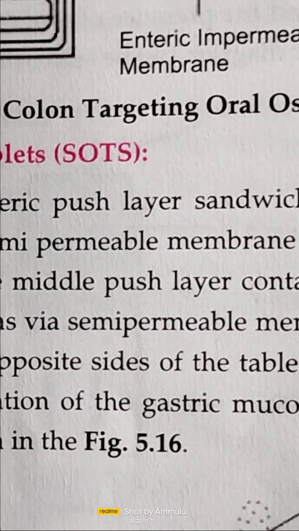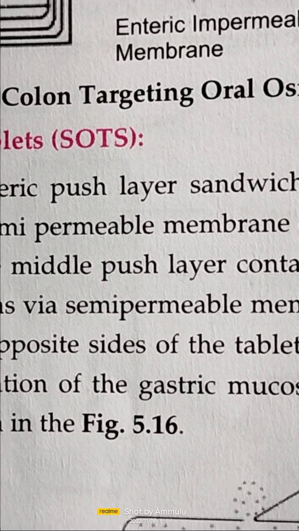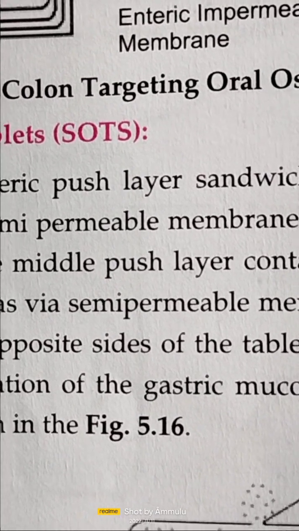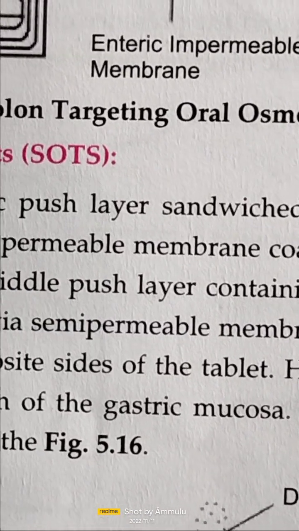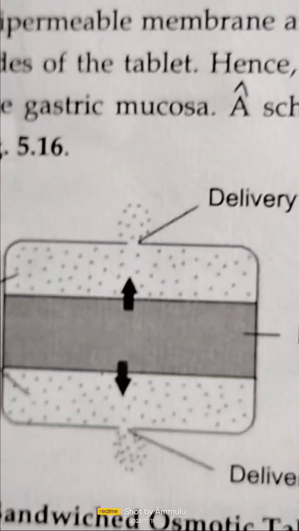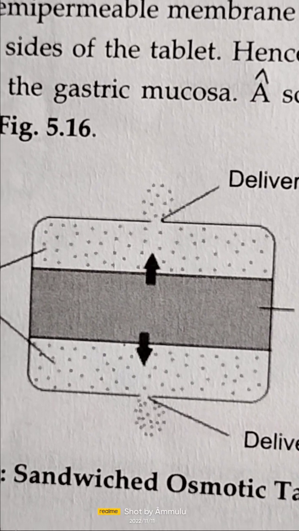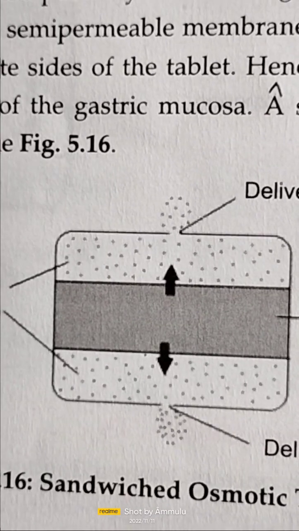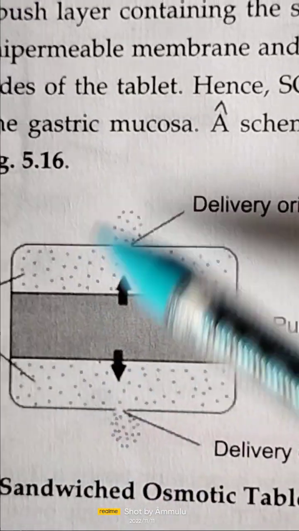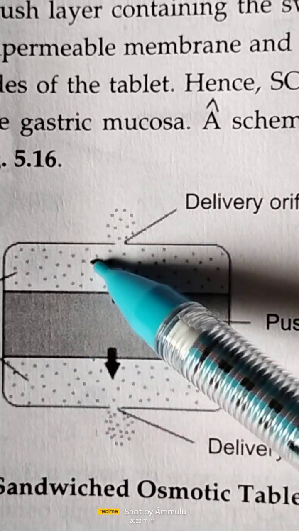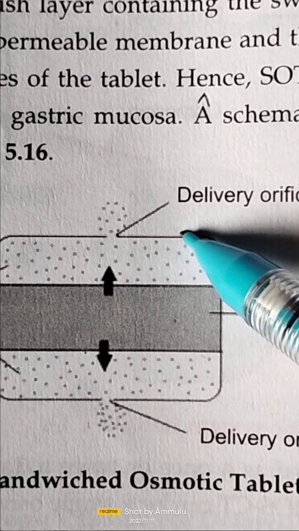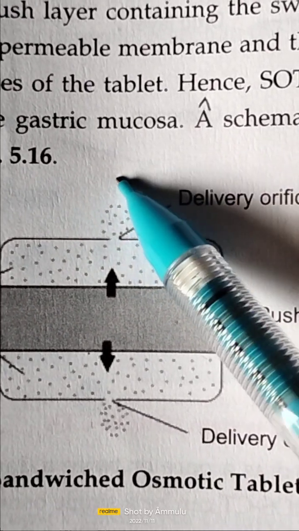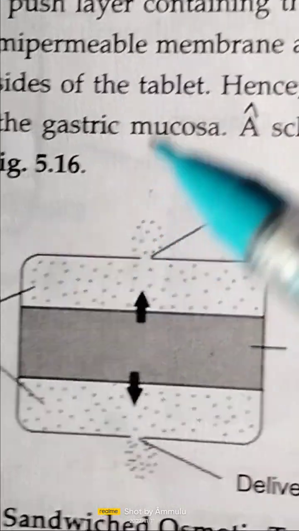The drug release from the two orifices can be observed. This is the sandwiched osmotic tablet. There are two delivery orifices and two drug layers, and this is the semi-permeable membrane to release the drug to the outside of the drug delivery orifice.